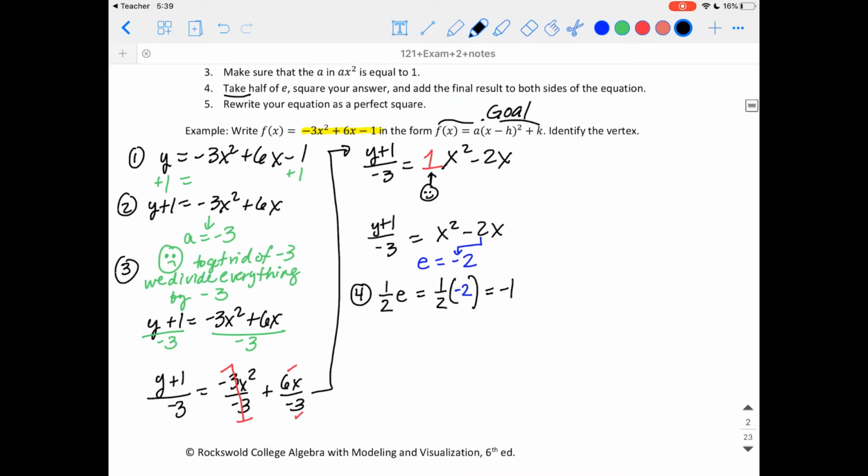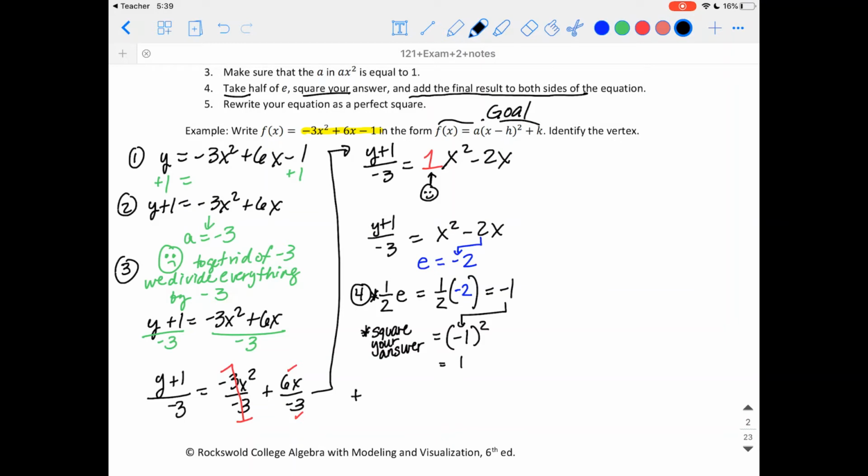So I took half of e, excuse me, and then I need to square my answer. So my answer was negative 1, and I'm going to square it. So that means that I get a positive 1. So I already squared it. And then the last thing that step 4 says is add the final result to both sides of the equation.